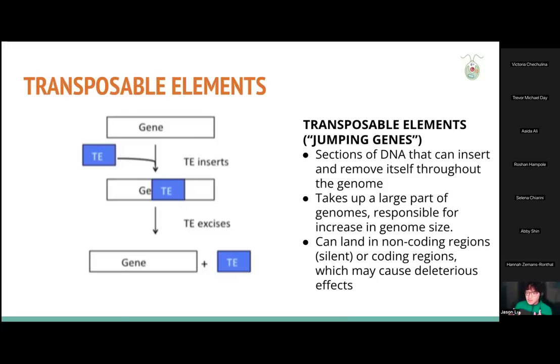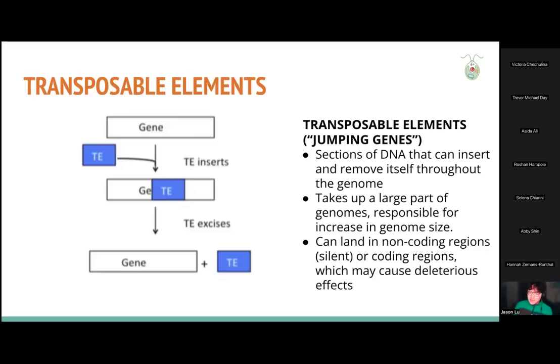It can essentially insert itself, cut itself out, move around, and then reinsert itself. This is one of the major reasons we have really, really large genomes, along with a bunch of other factors.